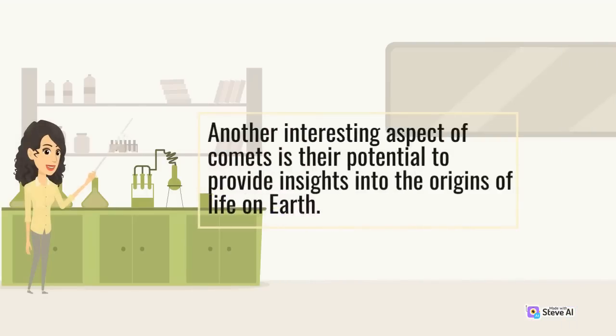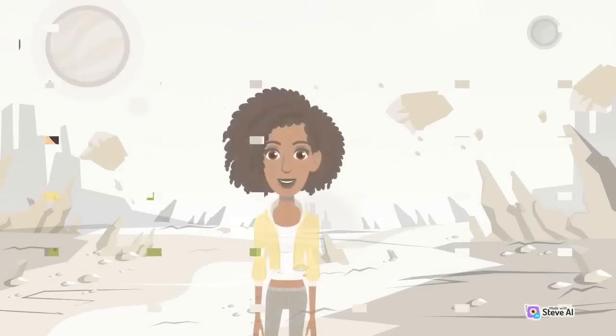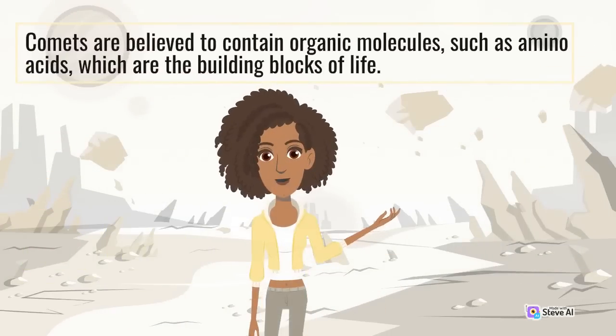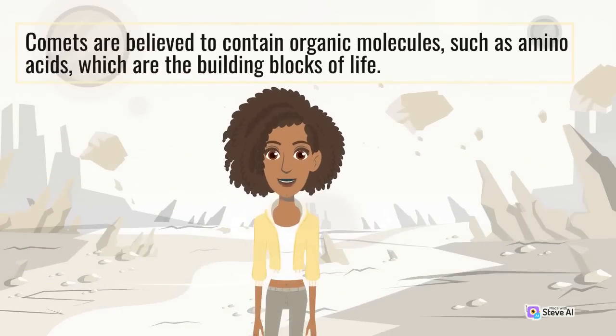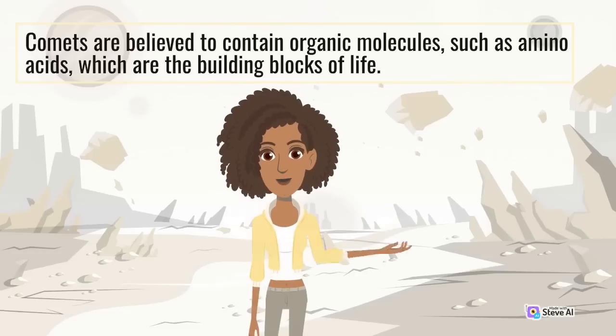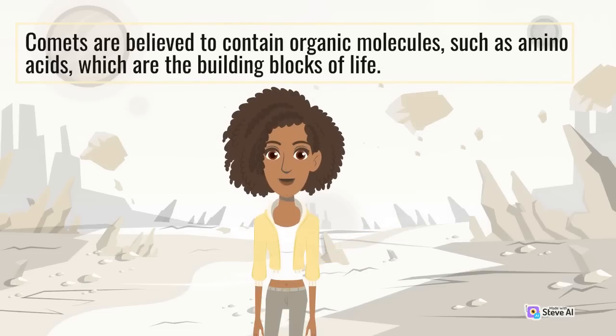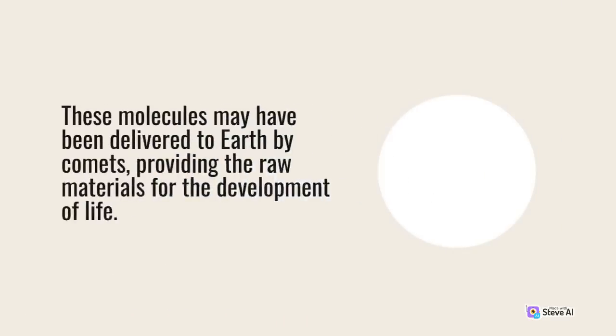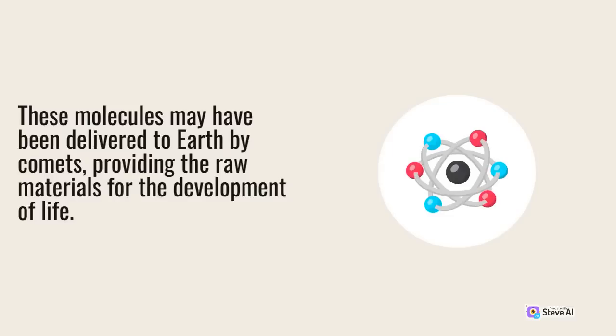Another interesting aspect of comets is their potential to provide insights into the origins of life on Earth. Comets are believed to contain organic molecules, such as amino acids, which are the building blocks of life. These molecules may have been delivered to Earth by comets, providing the raw materials for the development of life.